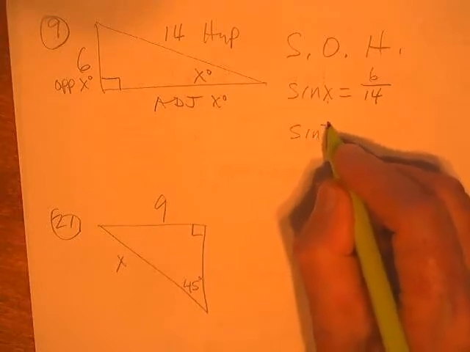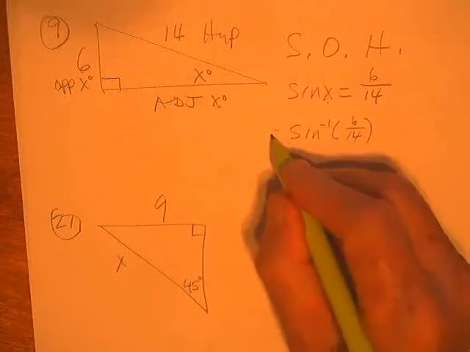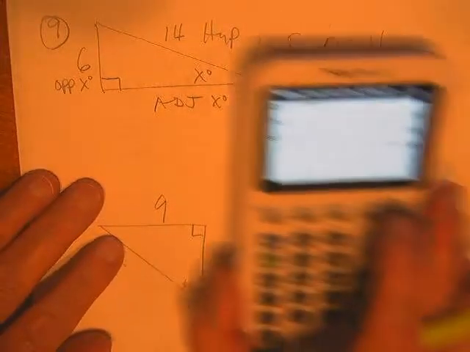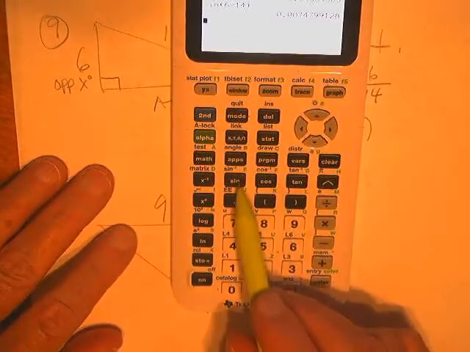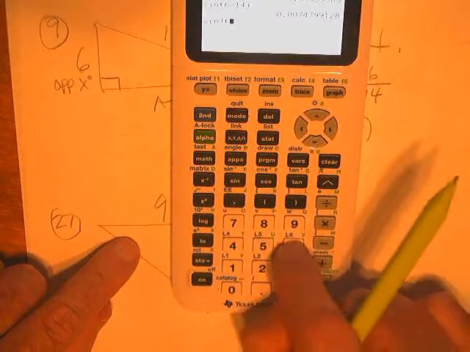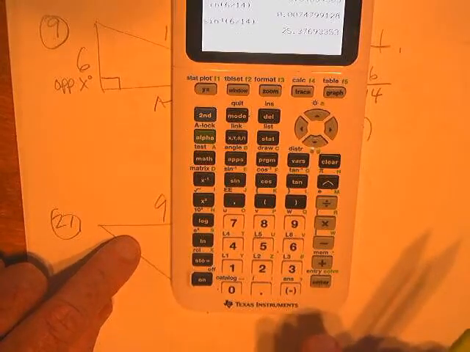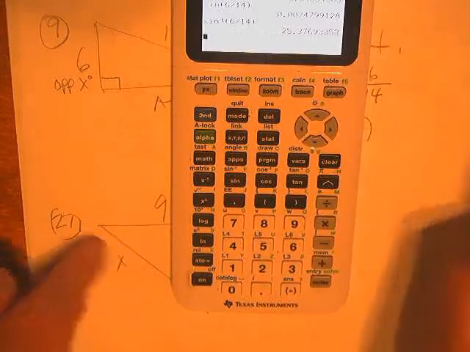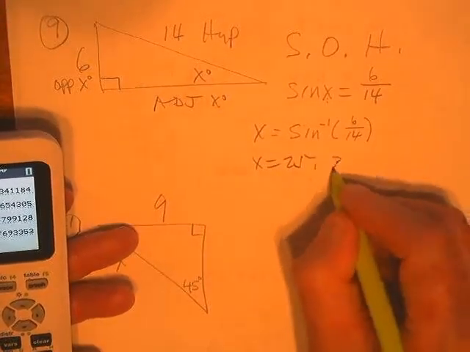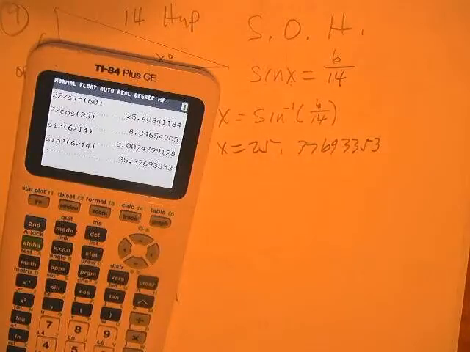So when you want to find the angle, you got to do inverse sine, which is right here. So we want to do inverse sine of 6 divided by 14. And there's that one. And that looks more like an angle to me. 25.3769 3353.